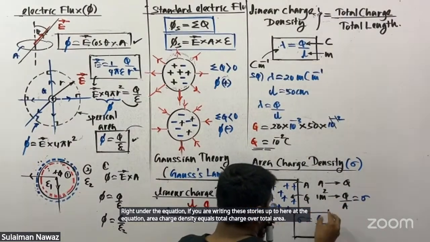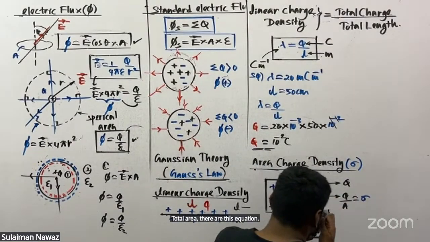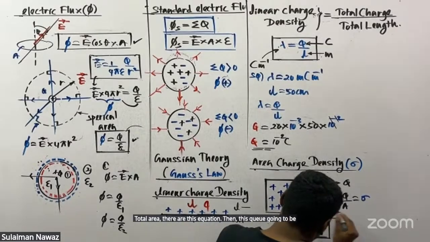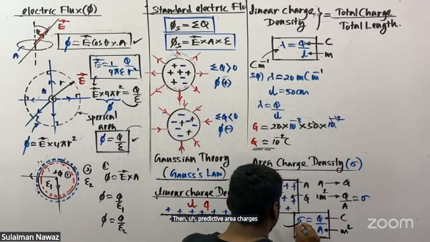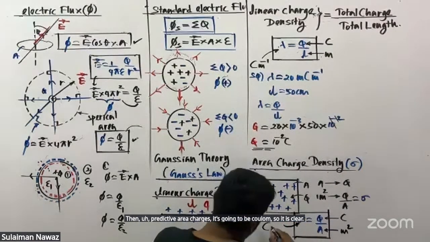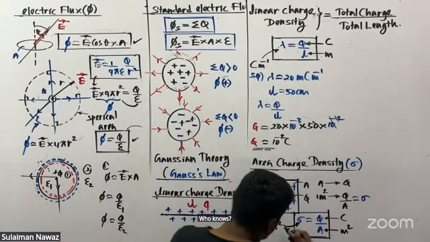Sigma equals capital Q over capital A. The unit of Q is coulombs, and area is meter square. Then the unit of area charge density is coulombs per meter square. Story done.